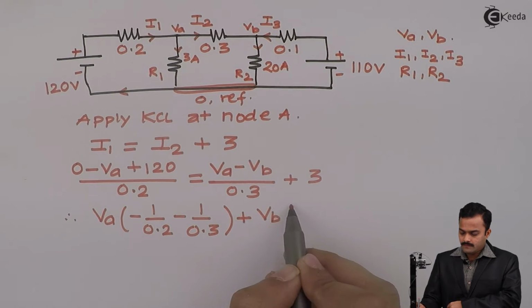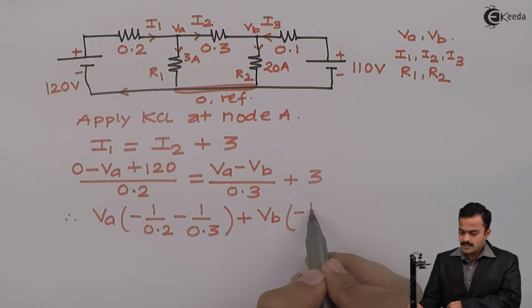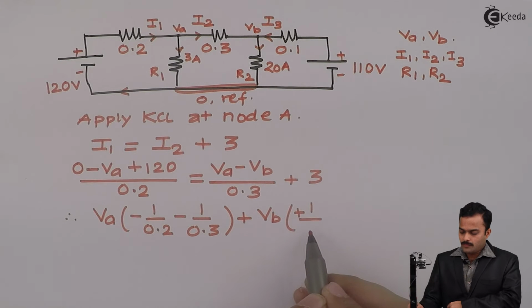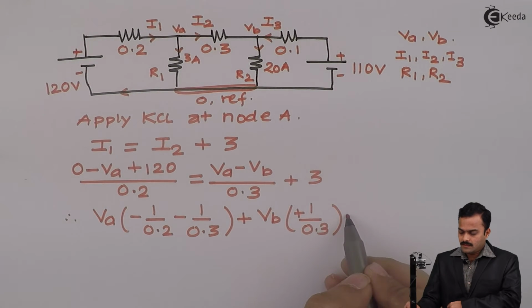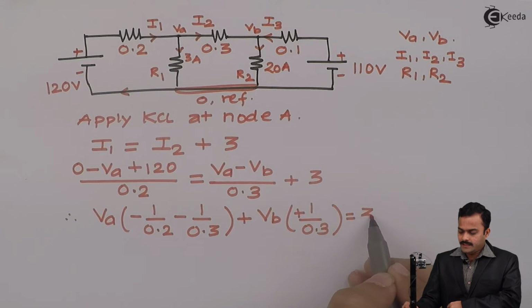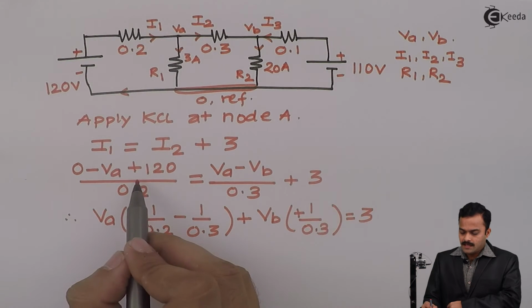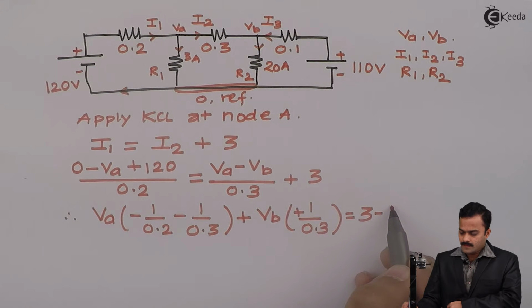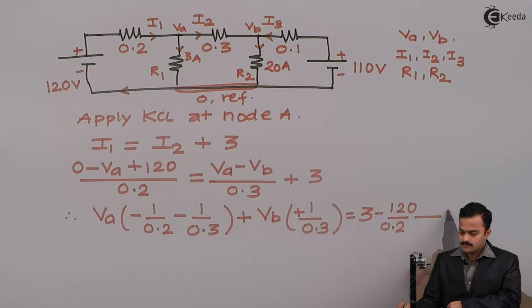So VB plus 1 upon 0.3 equal to 3, I will keep as it is, and this constant will go that side. So it's minus 120 divided by 0.2. So I will consider this as equation 1.